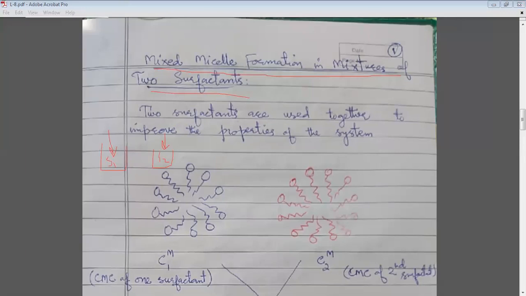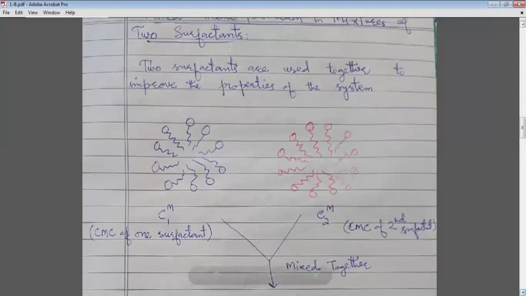Suppose the CMC of the first surfactant is written as C1M, or you can simply write CMC1. Suppose C2M represents the CMC of the second surfactant.